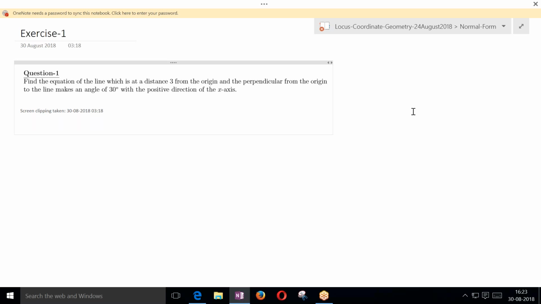We need not draw the diagram. The moment we understand this, we see that P is 3, since the line is at a distance 3 units from the origin, and this normal makes an angle alpha equal to 30 degree.